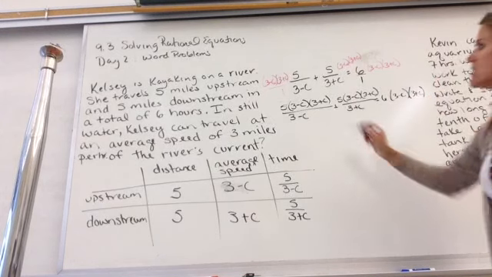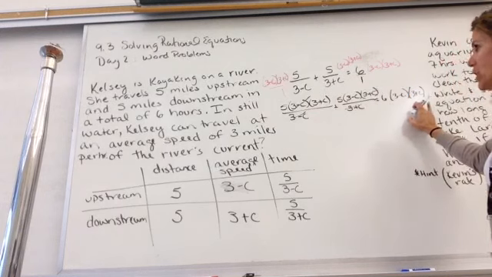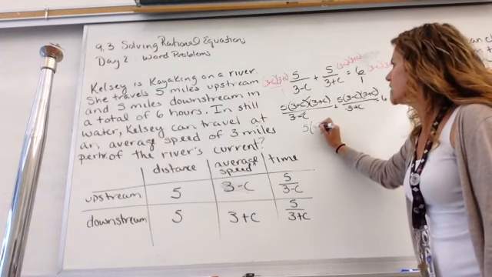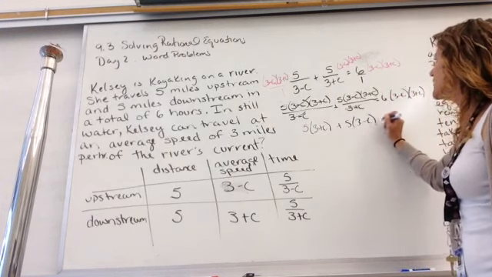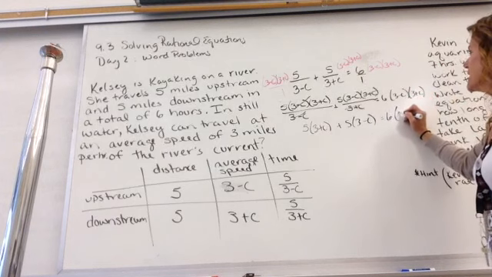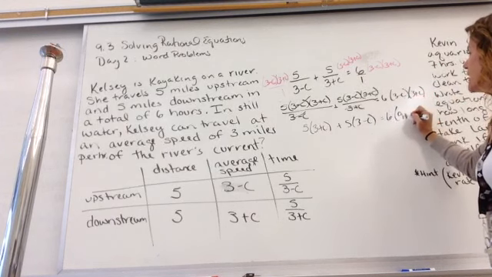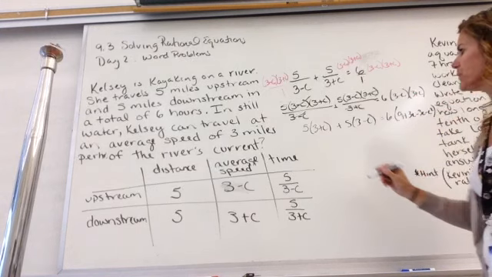The nice thing about this is I cancel my common factors. There's no denominator here other than 1. So I get 5 times 3 plus c plus 5 times 3 minus c is equal to... I need to multiply this out. That's 9 plus 3c minus 3c minus c squared.